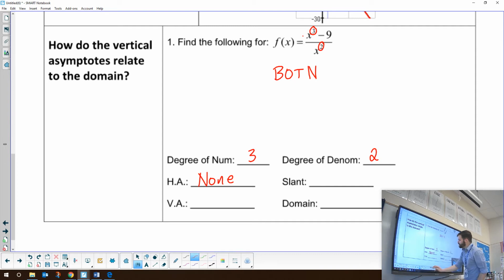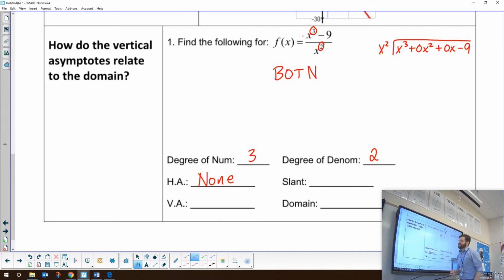So we're going to take our top here, which is x cubed minus 9, and I'm going to put in some placeholder zeros so I can divide. So I'm going to write x cubed plus 0x squared plus 0x minus 9, and we're going to divide that by x squared. I know it's been a long time since we've done long division, but we're going to do it a couple times here, and hopefully you'll catch back on.